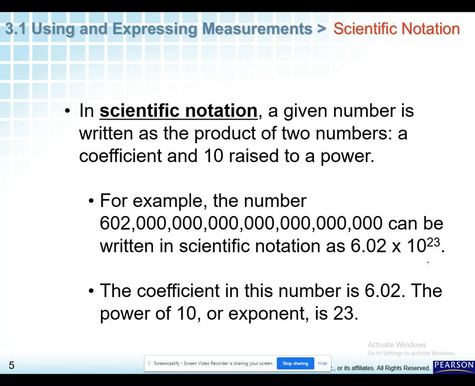So let's break down that definition in terms of what scientific notation looks like. The coefficient is that number in front of the multiplication sign. So again, that 6.02 is the coefficient. Now this says the product, so that's why I have a multiplication here. And then it says and 10 raised to a power. So this is your power. That power is often called an exponent.